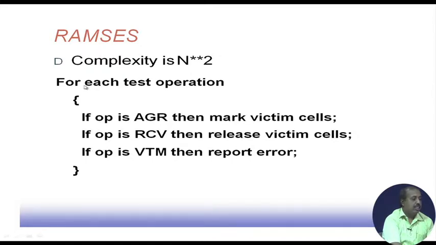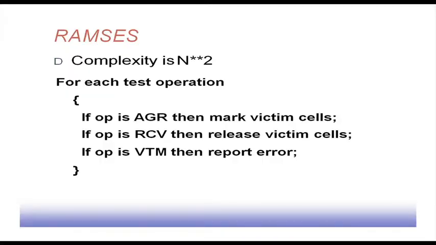So, this is the Ramseys algorithm. It says that for each test operation, if the operation is an aggressor, then mark the victim cells. Like if we find that on a cell we are doing some aggressor operation, writing 0 or writing 1 at a cell, what are the victims? We can mark the corresponding victims.